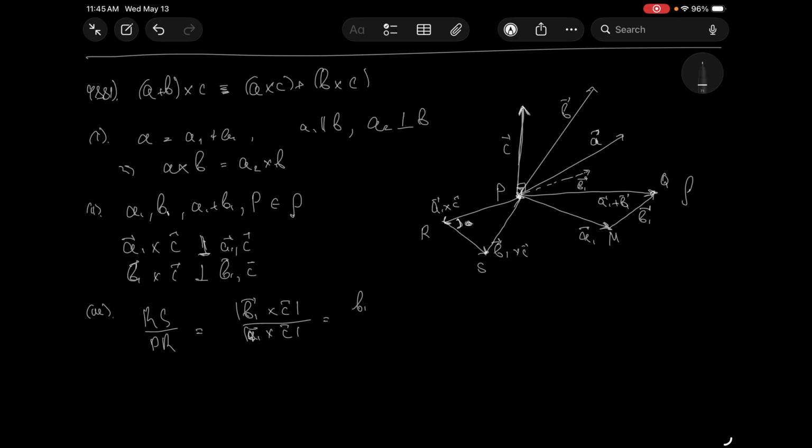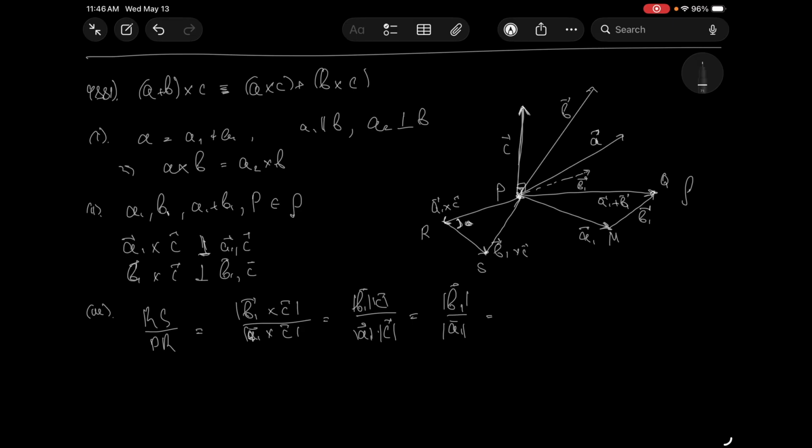This is the magnitude. I'm going to simplify that, sine theta. And this is not the theta. Since they are orthogonal to each other, it's going to be 1 over a1 c should be equal to b1 over a1. Well, these are their magnitudes, actually. Right, these are magnitudes.